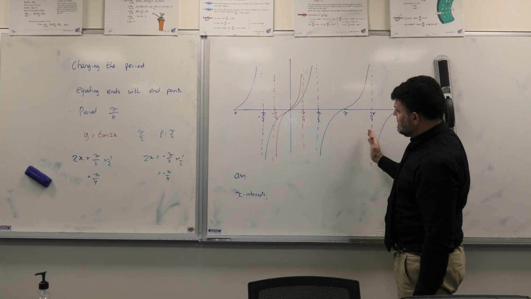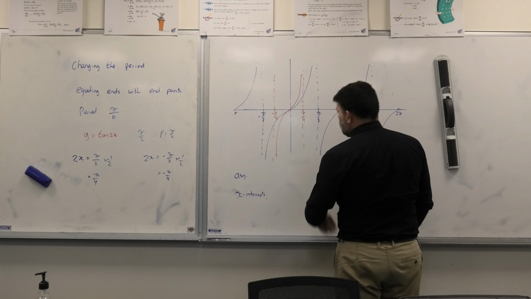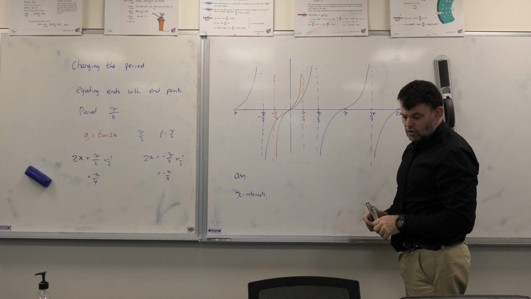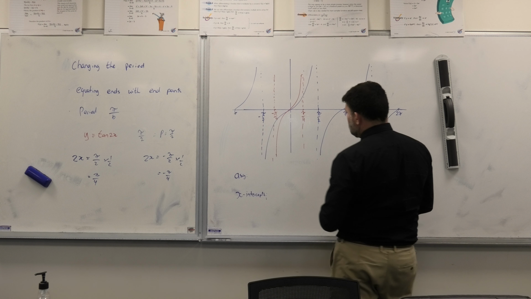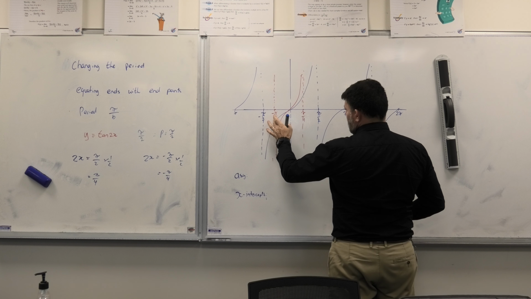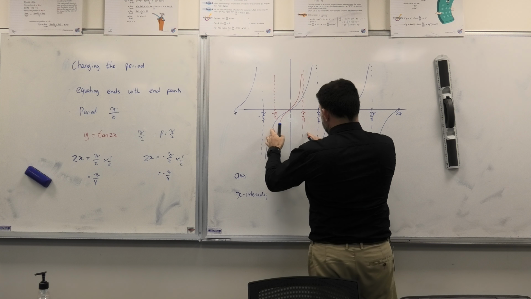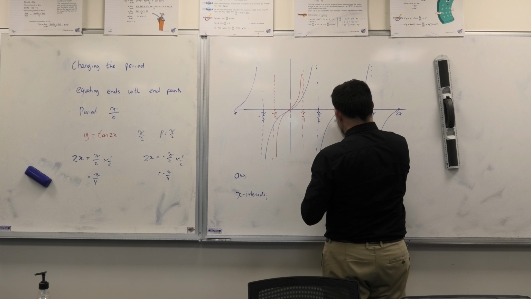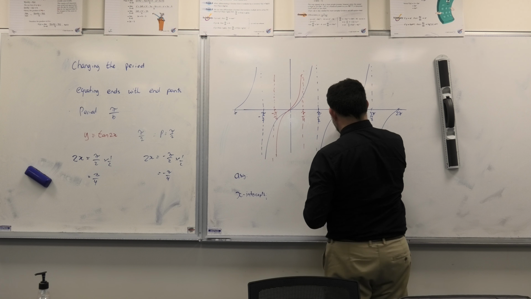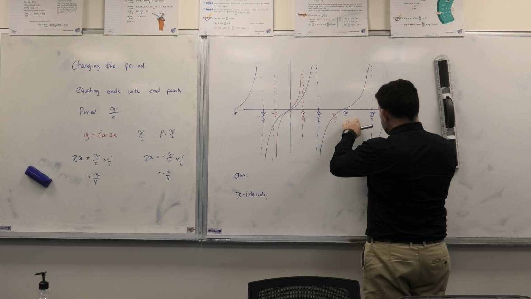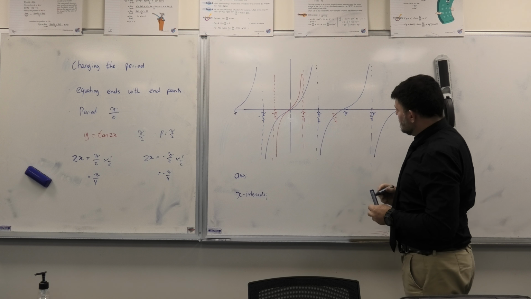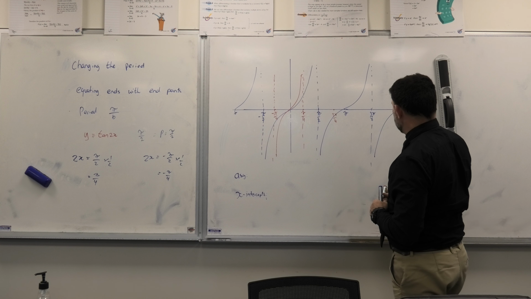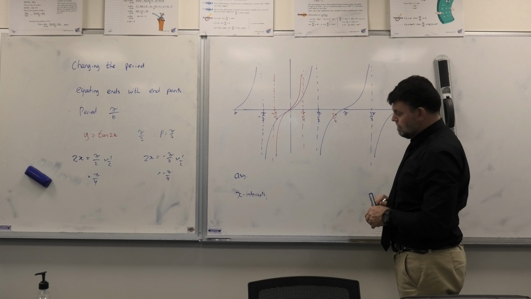Now I need to repeat this. I need to move pi on 2 across. One thing I can say is that if I have half pi here and I add another quarter pi onto this one, I'm going to have 3 pi on 4. I add another one onto here, and we're going to leave it because we're only going to go up to pi anyway.